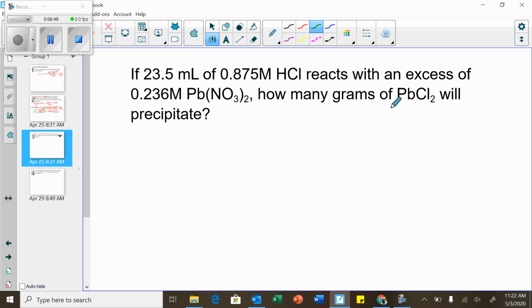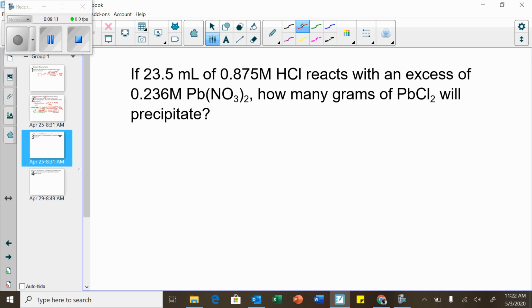So before we were trying to figure out the concentration, we knew how many grams of precipitate there were. Now we're trying to figure out how many grams of precipitate are going to form if we know the concentration and the volume. And so let's do that one. And again, it's just essentially the other problem in reverse. I'll show you how. There's several different ways to do it. I'll show you what I think is the easiest way to do it.